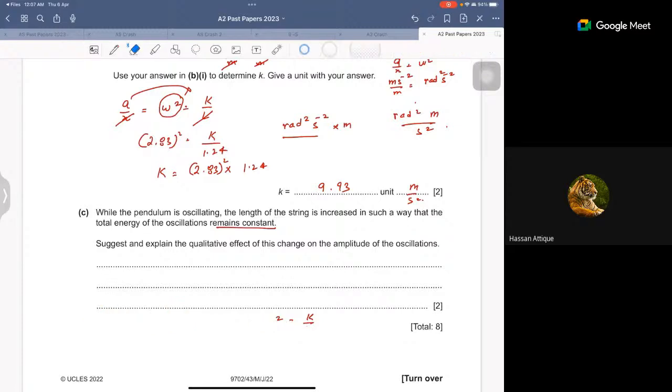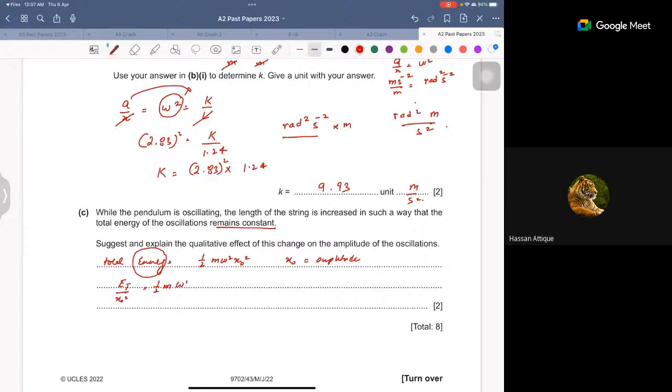Okay, I got it. Let me write it down. So total energy is given by half m omega square x naught square, where x naught is the amplitude. Now, because I want this to be constant, I can write total energy over x naught square equals half m omega square.